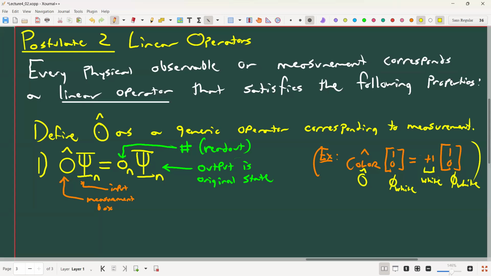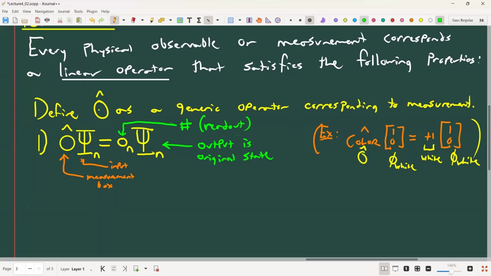Right? So if psi sub n is an electron that's white plus black, and you measure the color of that electron, half the time you're going to get +1 out for white, and half the time you're going to get -1 out for black. Right? That's your O sub n.